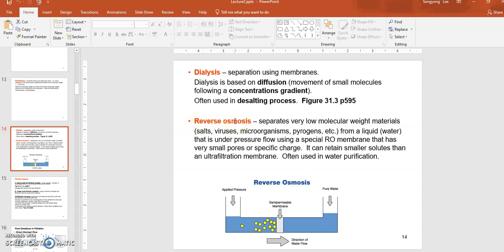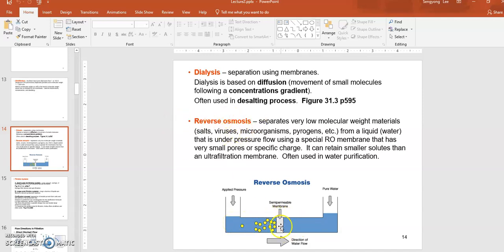So water will travel from higher concentration to lower concentration. That's what osmosis is. But when you say reverse osmosis, what does that mean? What that means is water molecules will move opposite to the osmosis direction. That's because there's going to be a huge pump that's going to pressurize water, so the water will move against their concentration gradient.